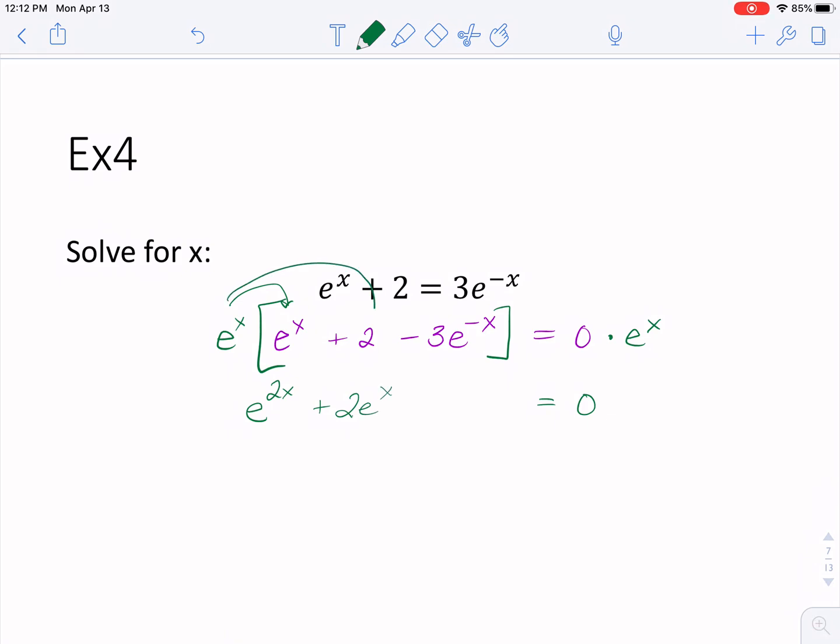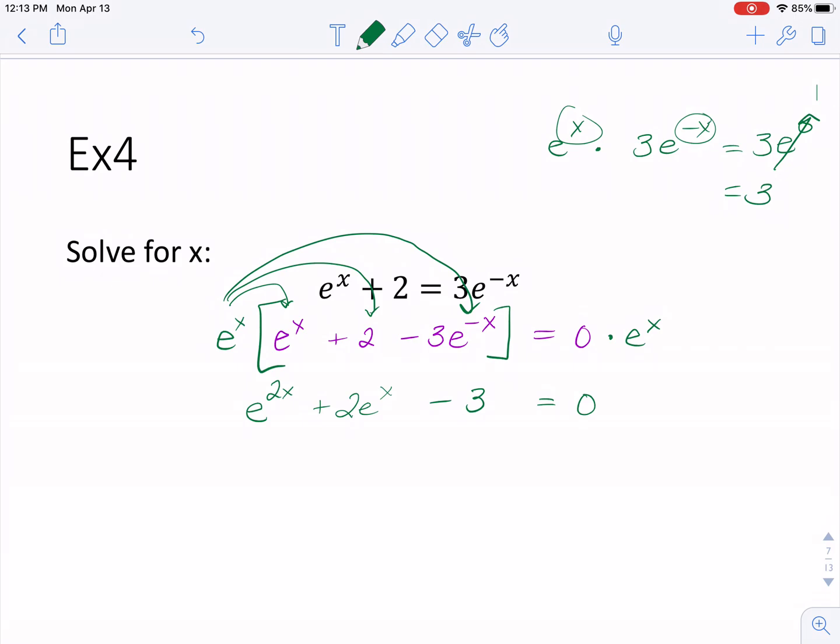Now what happens when I multiply e to the x times 3e to the negative x? We agree, 3 out front. But what happens with the negative x and the positive x? We end up with e to the 0, and e to the 0 is 1, so we end up with 3. So we end up with negative 3.